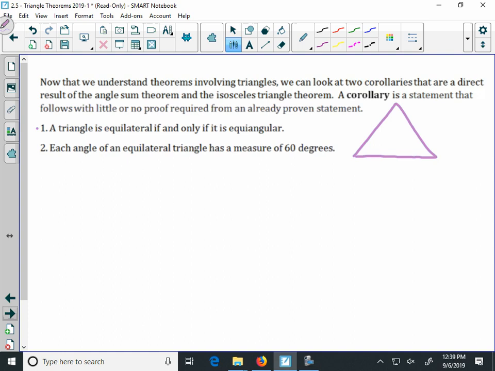So I draw my equilateral triangle. All three angles are the same. Using that isosceles triangle theorem, we said if two angles are the same, the sides across from those angles are also the same. Okay? But aren't these two angles that I'm highlighting in orange also the same?